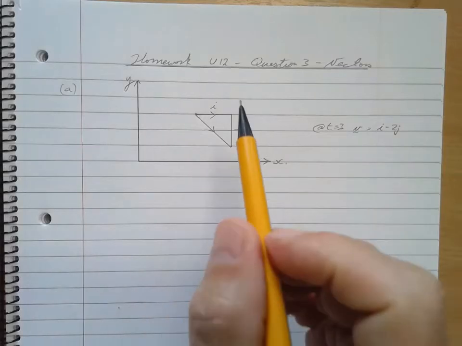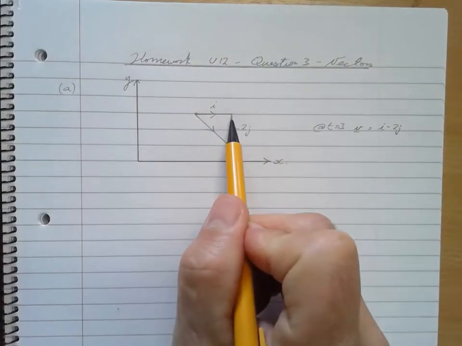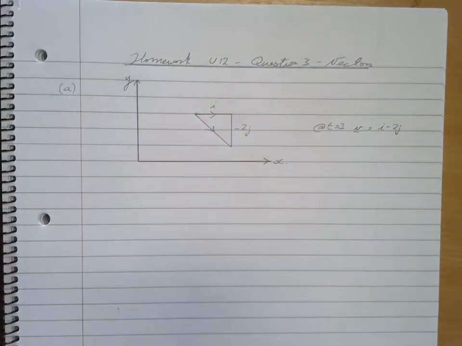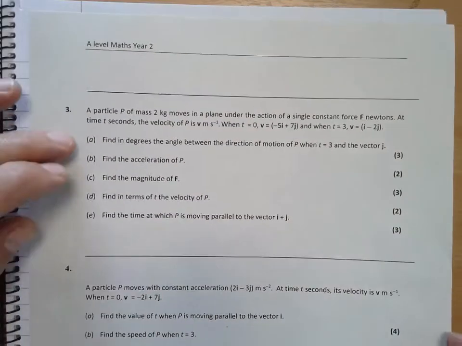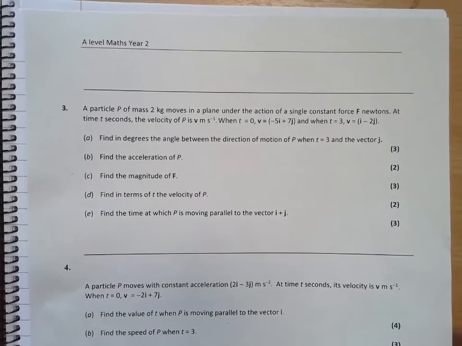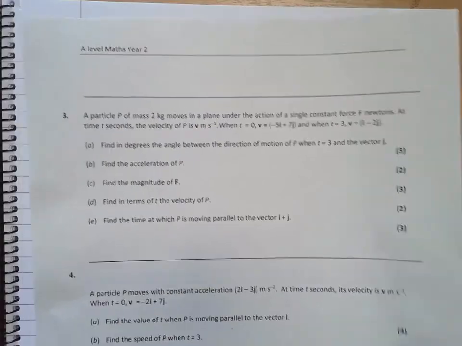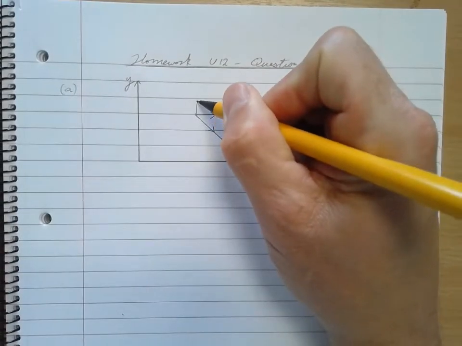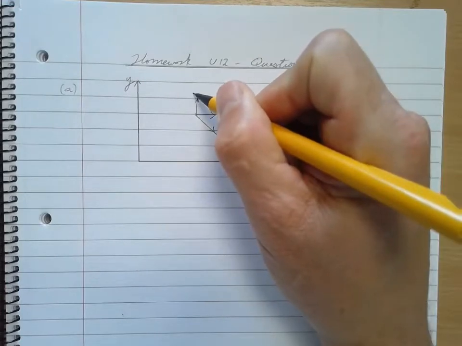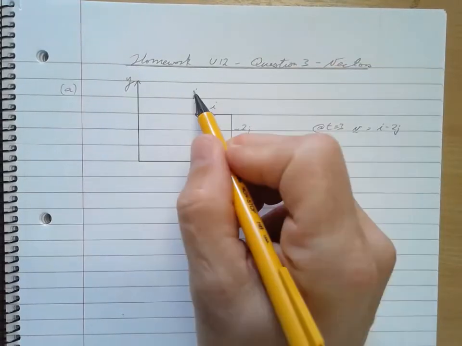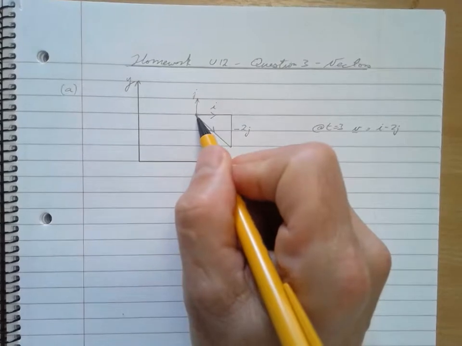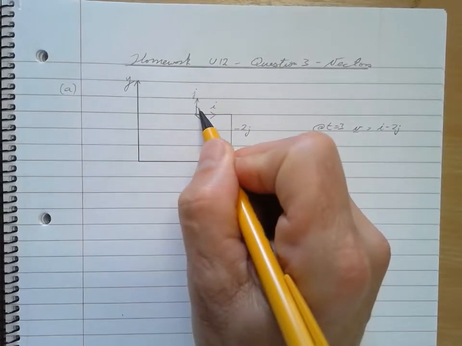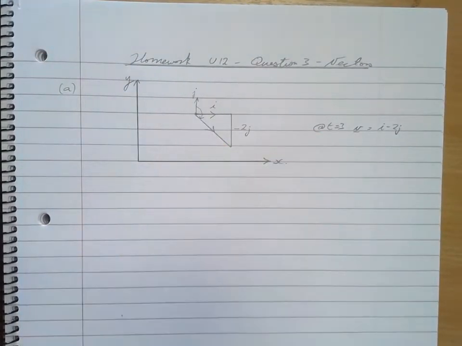So basically we're going along i and we're coming down 2j, and the question asked us to find in degrees the angle between the direction of motion and the vector j. You can imagine the vector j is up here, and we're asking for the angle between j and the velocity vector. So basically we're after this angle down here.